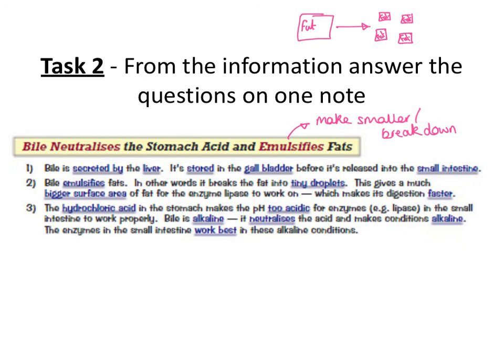Bile is alkaline, with a pH between 8 and 14, whereas hydrochloric acid gives an acid of around pH 1. It neutralizes the acid and makes conditions alkaline. The enzymes in the small intestine work best in those alkaline conditions.